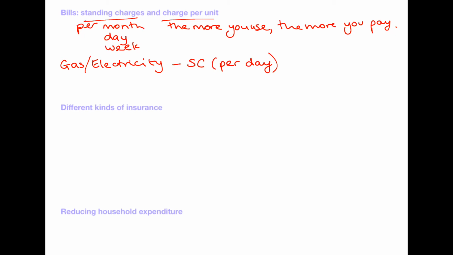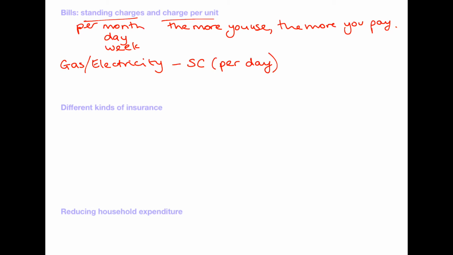So bills generally consist of a standing charge which you have to pay anyway, and then you do have some control over the rest of it, because the less you use, the less you pay. But it isn't the case that if you use no electricity, you don't have to pay anything. You still have to pay for the fact that electricity is available in your house.